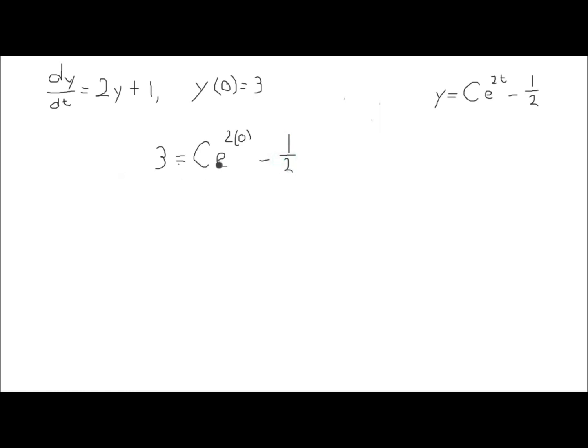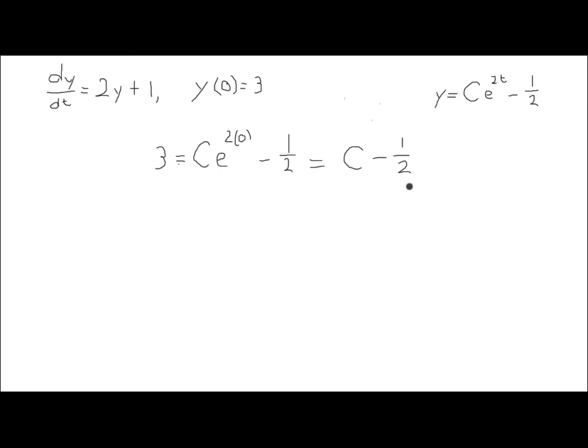Now, interestingly, 2 times 0 gives us 0, and e does not equal 0. You can remember the rule that any base that does not equal 0 raised to the power of 0 equals 1. And 1 times c gives us c. So we can simplify this to say that c minus 1/2 equals 3.